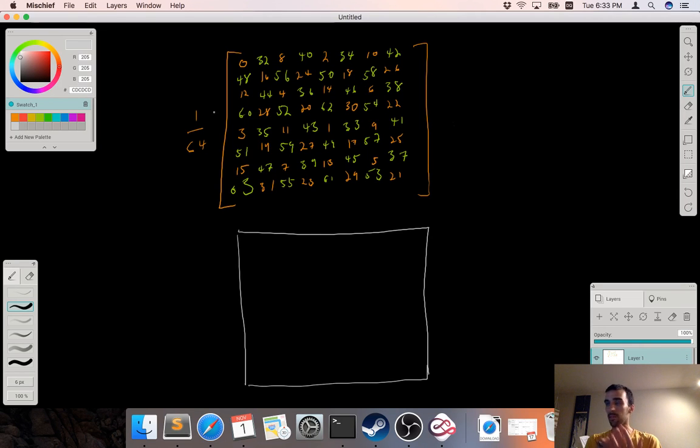I've got to organize my thoughts here. Bayer matrices are usually used for creating noise, because you only have this color value and that color value, and you want to simulate all of these color values, right? This is why the first part of the article is about quantization.